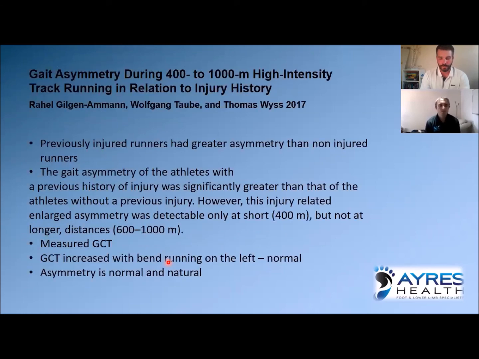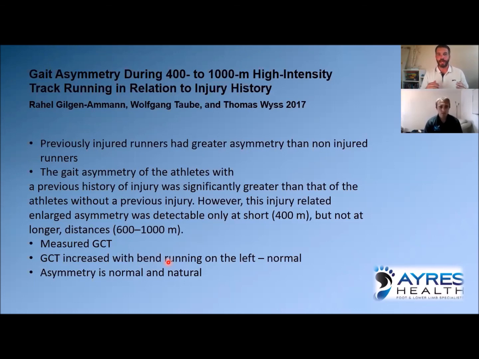Next one then. This one was from 2017, so a few years old now. Gait asymmetry during 400 to 1,000 meters high intensity track running in relation to injury history. In this paper, they were looking at fairly elite club runners running 400 meters, that's one go around the track, to 1,000 meters, all track based athletes.